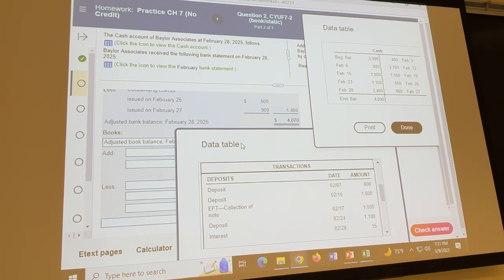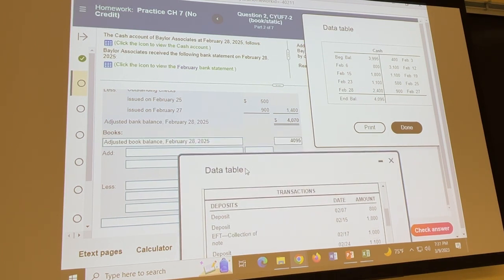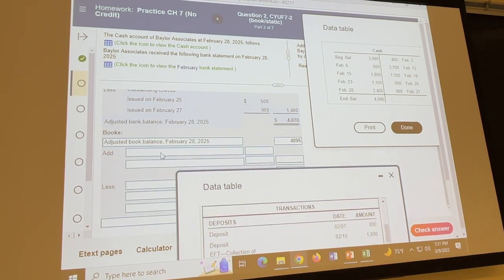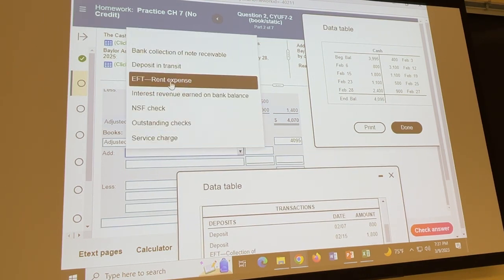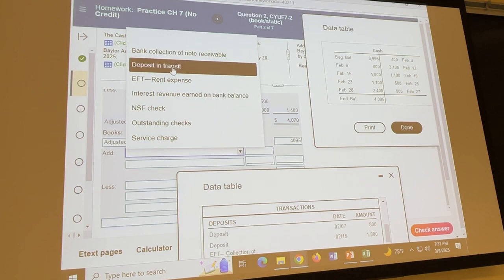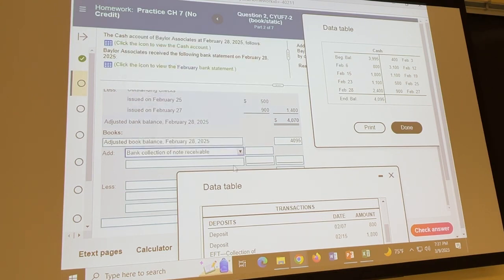And there's nothing shown on our T account for the $1,000, so that's apparently something that we would have to make a positive adjustment for. So they call it bank collection of note receivable. That's $1,000.